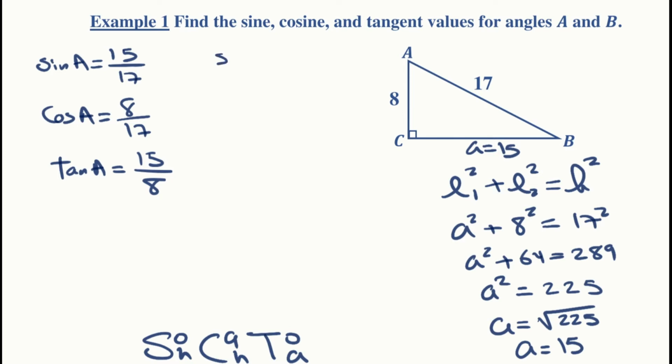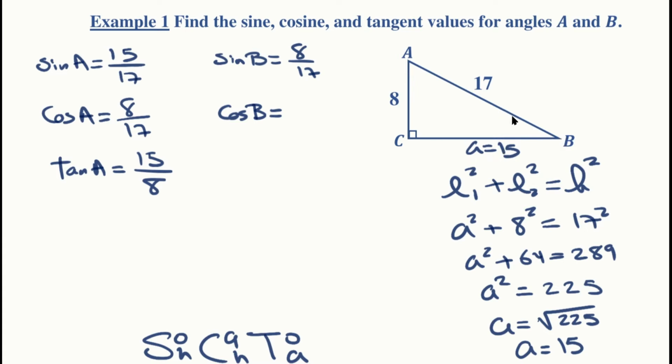So welcome back. Sine of b, sine is of course opposite over hypotenuse, but now we need the opposite of b, so that would be 8 over the hypotenuse, which is 17. Cosine of b will be adjacent over hypotenuse. Now the side adjacent to b is 15.